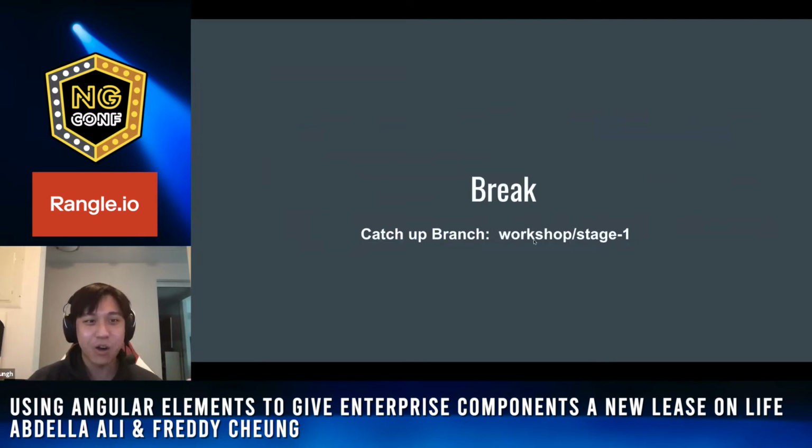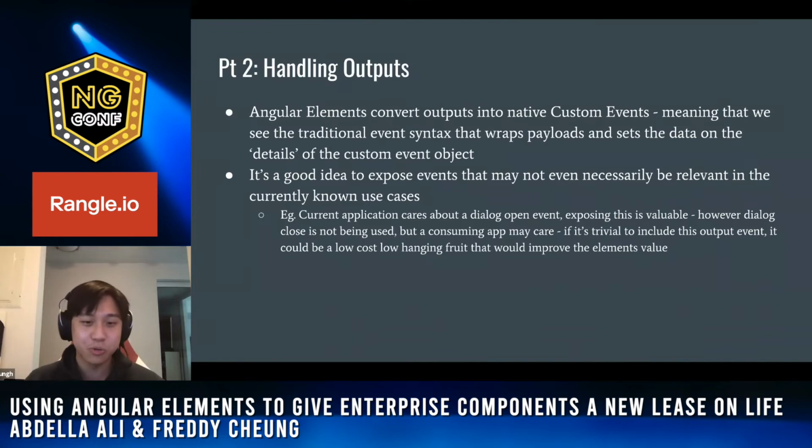So right now, our state of the branch should be what stage 1 is. And if we didn't have a chance to make it look like stage 1, it's totally fine. So right now, we can just check out stage 1. And our next goal is to turn stage 1 to look like the stage 2 branch. And let's talk a little bit about output. So Angular elements will convert your outputs into native custom elements.